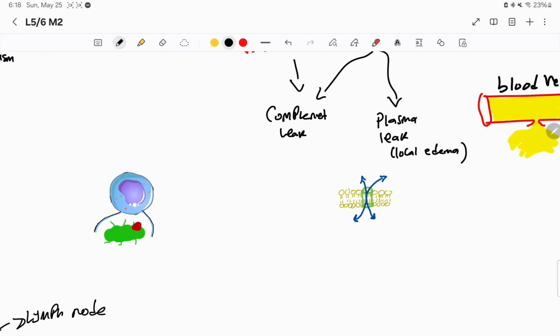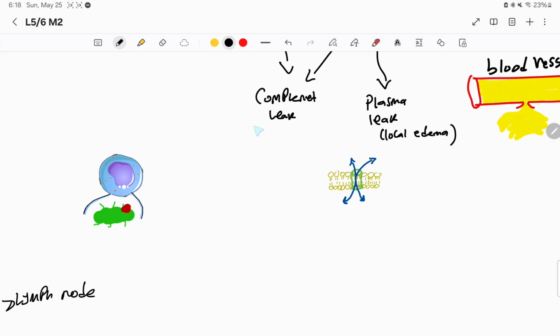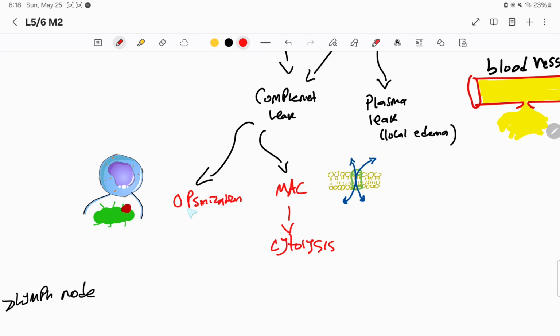What can the complement leak do? Well, it can lead to complement activation, which we know leads to the membrane attack complex formation, which can lead to cytolysis, and opsonization, which can do what?